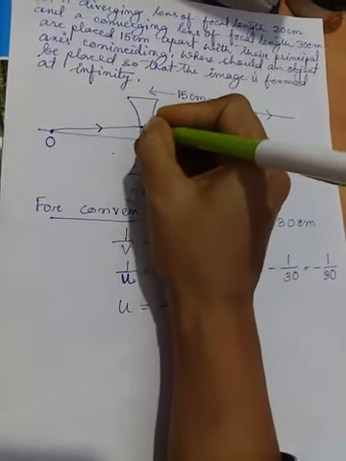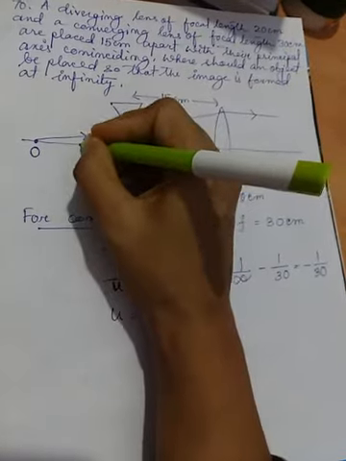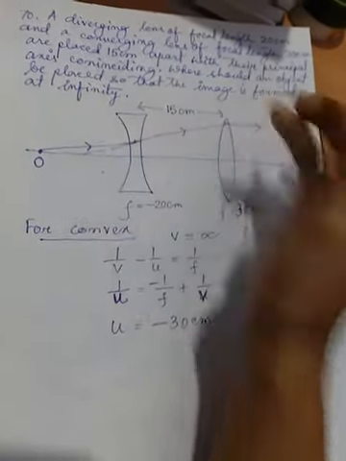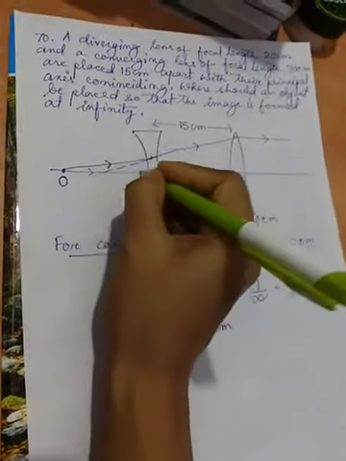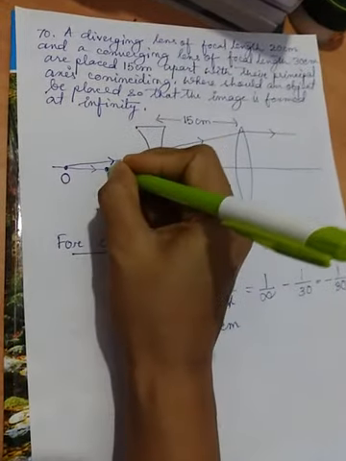This is a diverging lens, so these rays diverge. If we produce them backward, they will converge at this point.